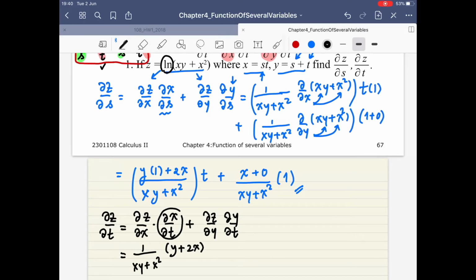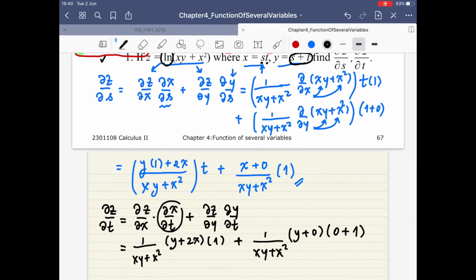So here, your constant, your t is a variable, so you got a 1, and then dz by dy, so you have 1 over xy plus x squared, and a derivative of the inside, which is y and 0, and then now dy by dt, so you have a 0 plus 1.